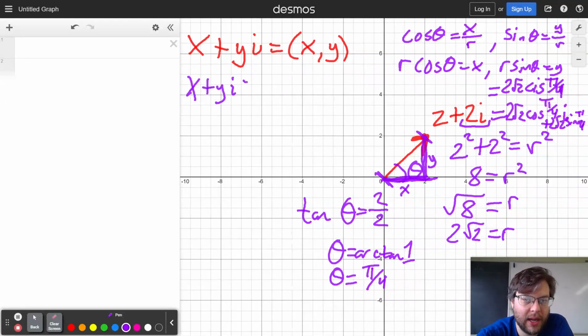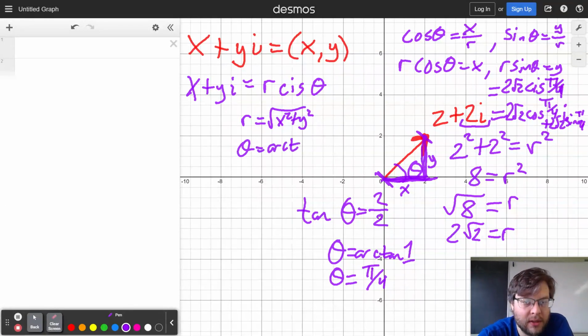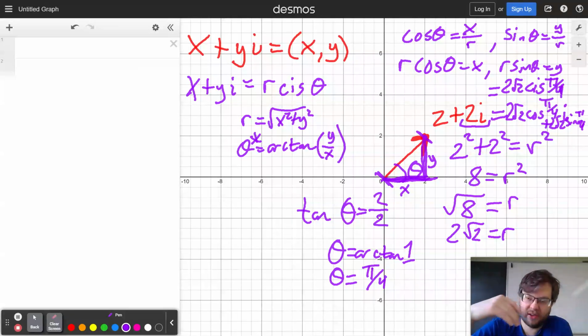x plus yi is equal to r CIS of theta, remembering that r is the square root of x squared plus y squared, and theta is the arctan of y over x. But I'm going to put a little asterisk there because you have to be careful about making sure that your theta is in the correct quadrant.